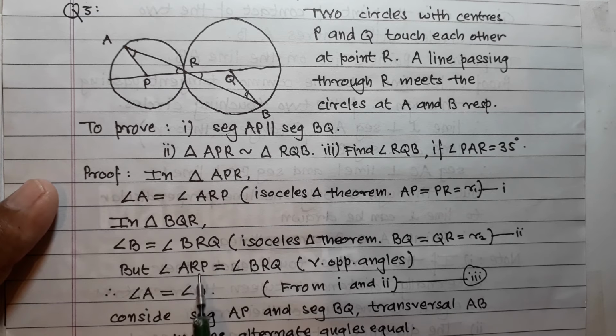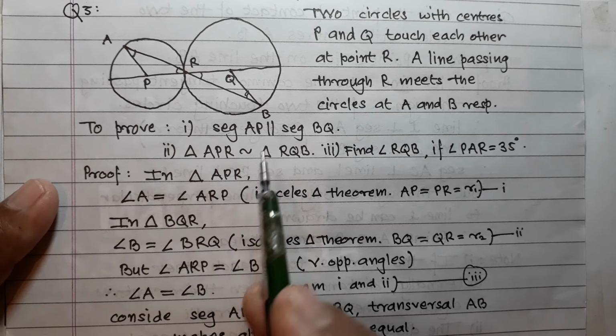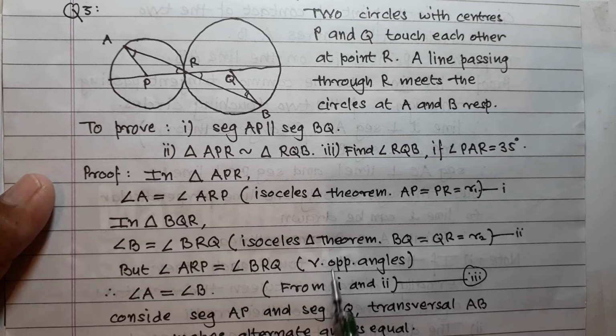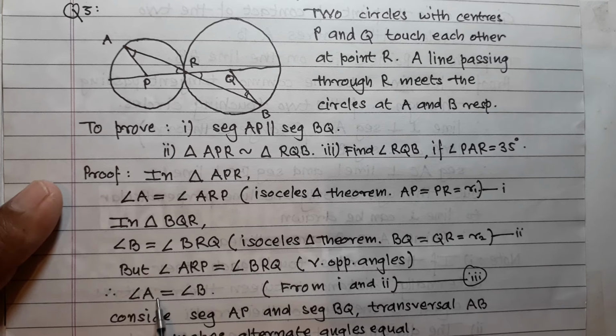But angle ARP is equal to angle BRQ, vertically opposite angles, and therefore angle A is equal to angle B from 1 and 2.